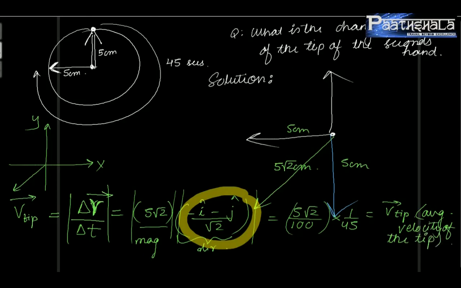Right. But we have not been asked the average velocity of the tip, we have been asked the change in velocity. It always helps to know how to find out the average velocity, of course, but we have been asked the change in velocity, right? So to find out the change in velocity, we note that initial velocity was like this and final velocity is like this, because initially the hand was rotating towards the right, that is clockwise direction.